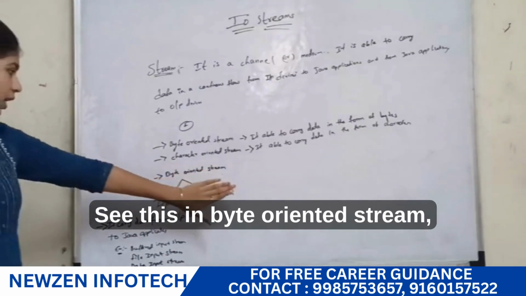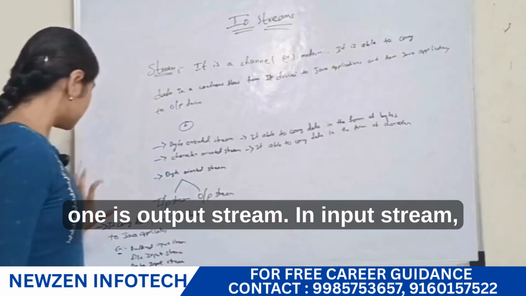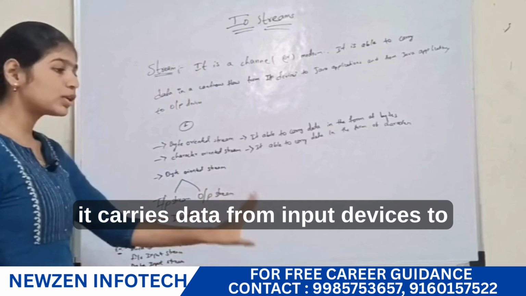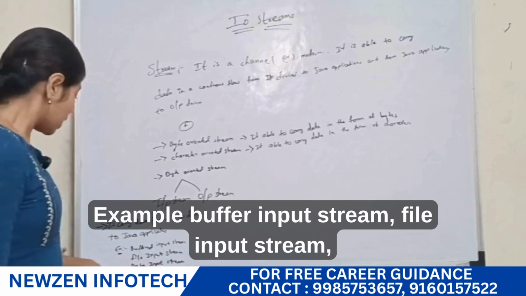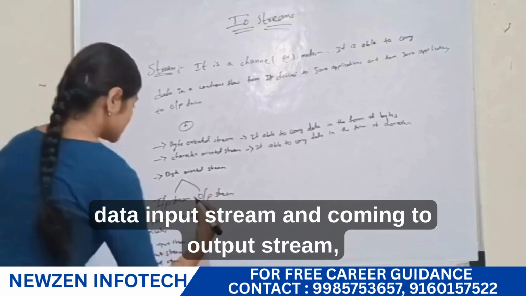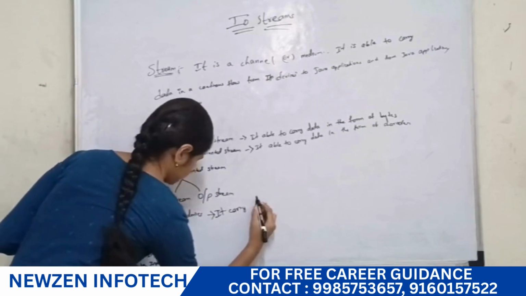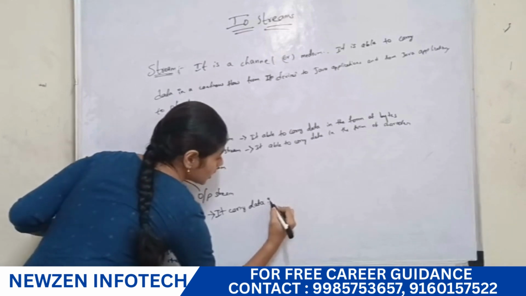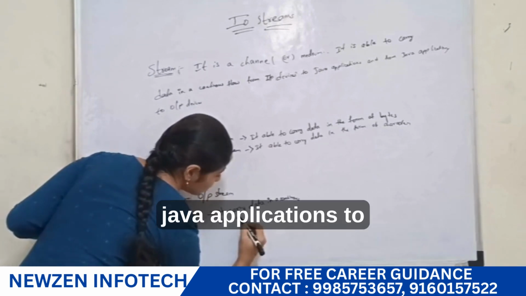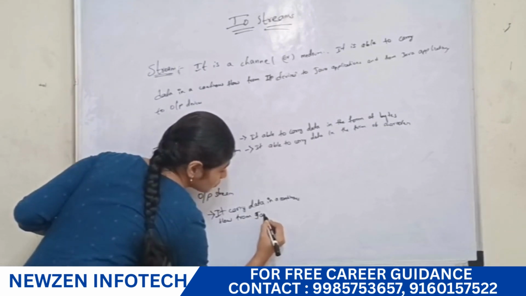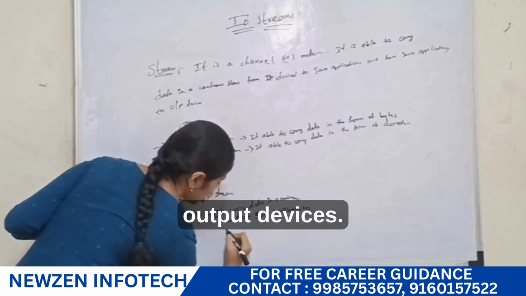See, in byte oriented stream we have two types, that is input stream and output stream. In input stream it carries data from input devices to Java applications. Example: buffer input stream, file input stream, data input stream. And coming to output stream, similar to input stream, it carries data in a continuous flow from Java applications to output devices.